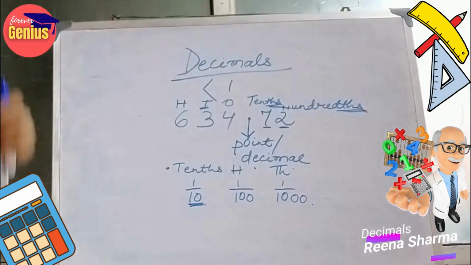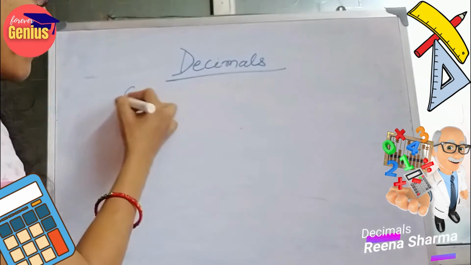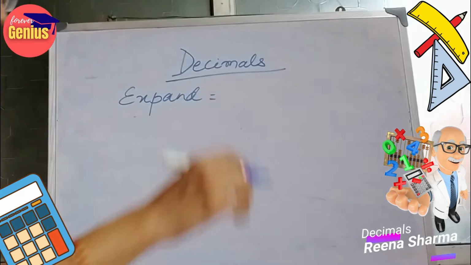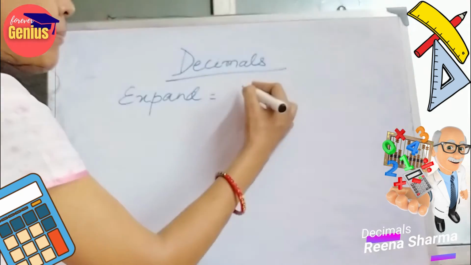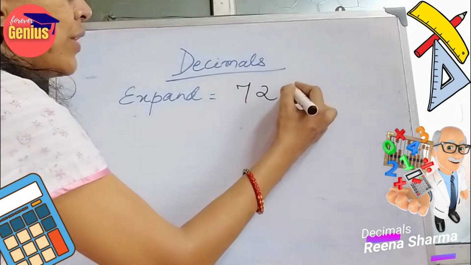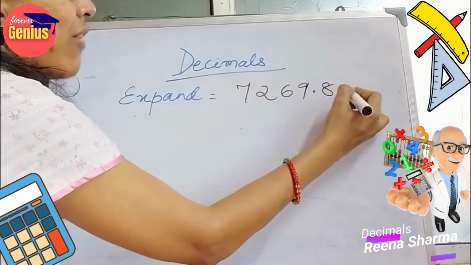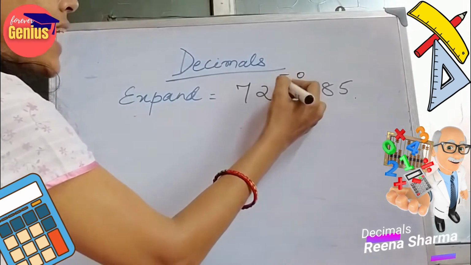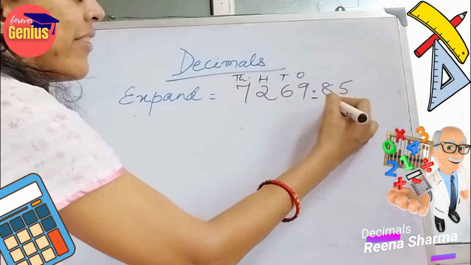If we have to do the expanded form in decimal, how will we do it? If we are supposed to expand in decimals, how will we expand? So again let's take an example, 726.85. So see, this is ones, tens, hundred, thousand, simply we know that. Then how will we write this?